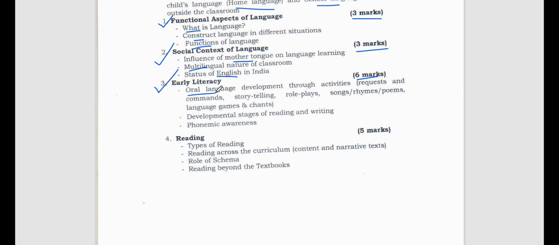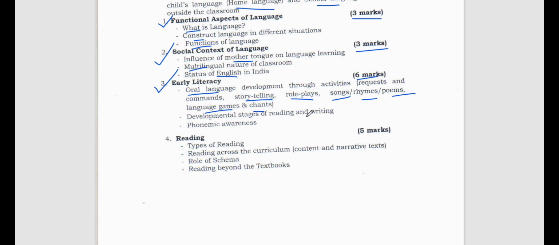Then how is oral language development helping the individual? There are different ways, right, for learning or understanding this oral language. Like storytelling helps us in the development of oral language, role plays, songs, rhymes, poems, and language games and chants.